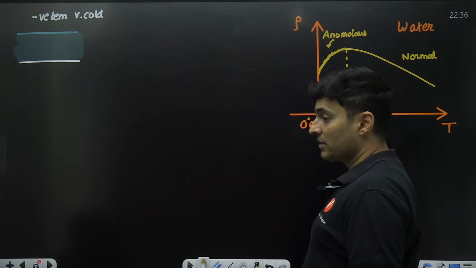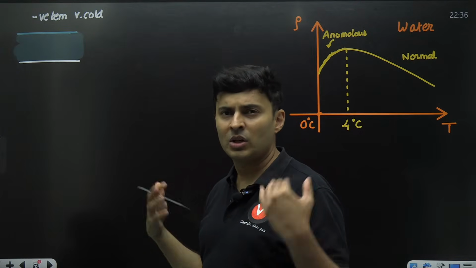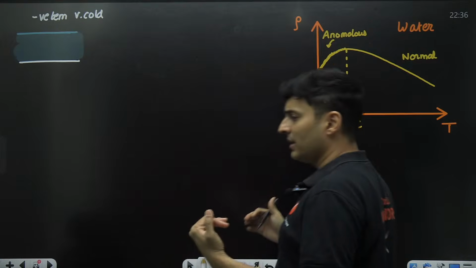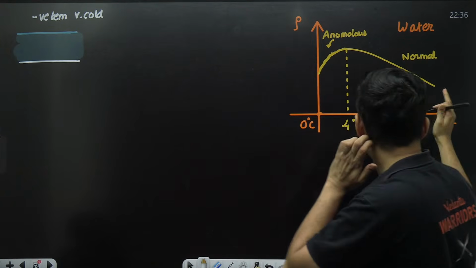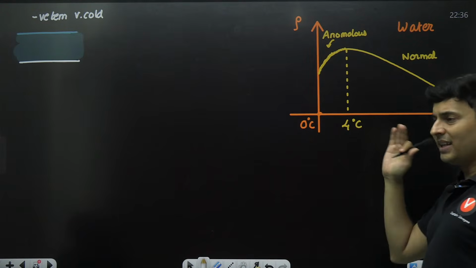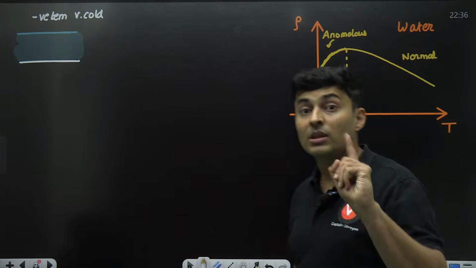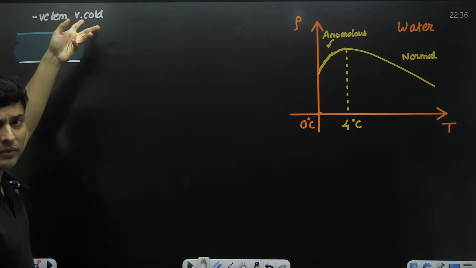Now, see what happens. Because outside the temperature has become cold suddenly, the water will start becoming colder. Normally, when the water becomes cold, the temperature reduces, and the lower temperature water will be denser. Which surface will get cold first?